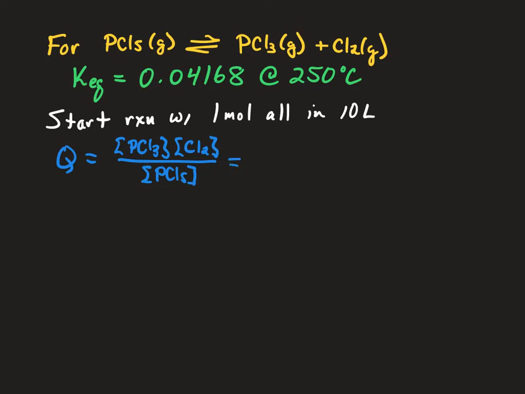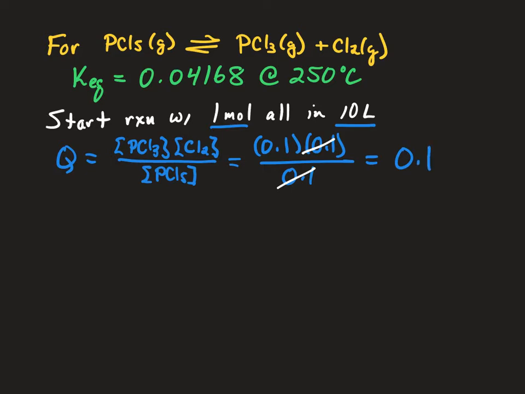Then we put our concentrations in, and remember we've got 1 mole in 10 liters, so each one is 0.1 molar. I like it when the math is easy. It doesn't happen very often. A 0.1 cancels a 0.1, and without even having to do any calculations, our Q is 0.1.